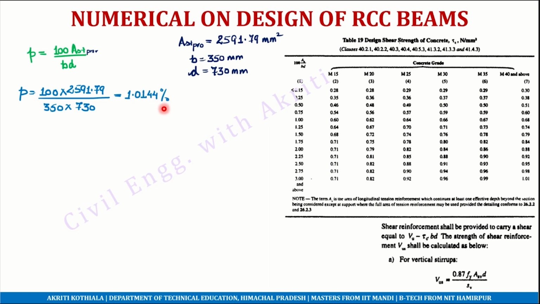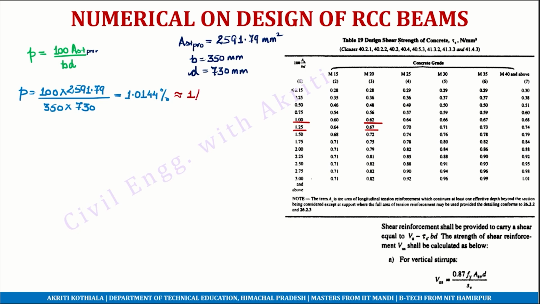So calculating P, we obtain a value of 1.0144%. We have a value of 0.62 corresponding to 1% for M20 concrete, and the next value is 1.25, and the corresponding value of tau C for M20 concrete is 0.67. Since we are very close to 1%, and to save time, we can approximate it equal to 1.